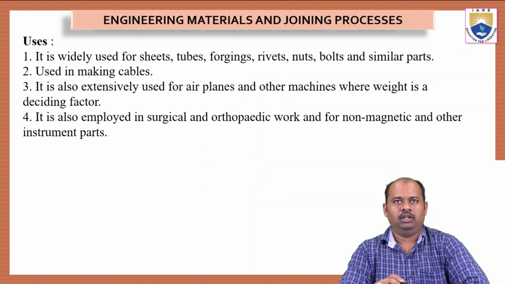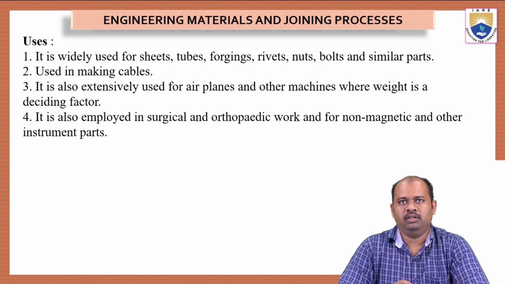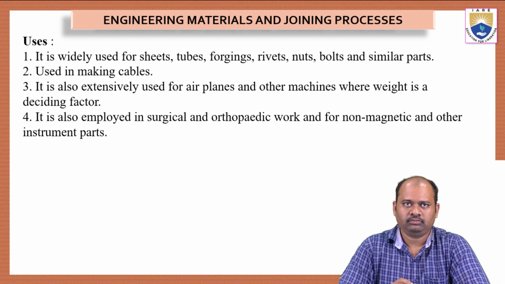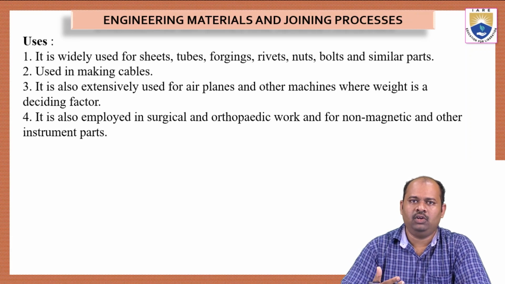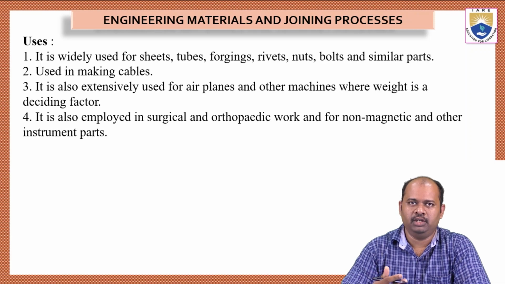Now, let us see what are the uses of duralumin, where it can be used. It is widely used for sheets, tubes, forgings, rivets, nuts, bolts and similar parts. These are the different mechanical elements that can be prepared by using this alloy of aluminum called duralumin.